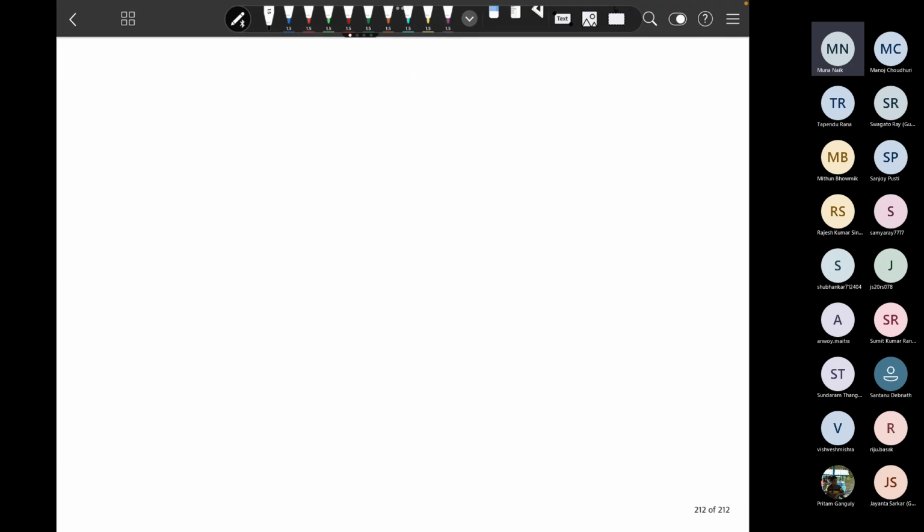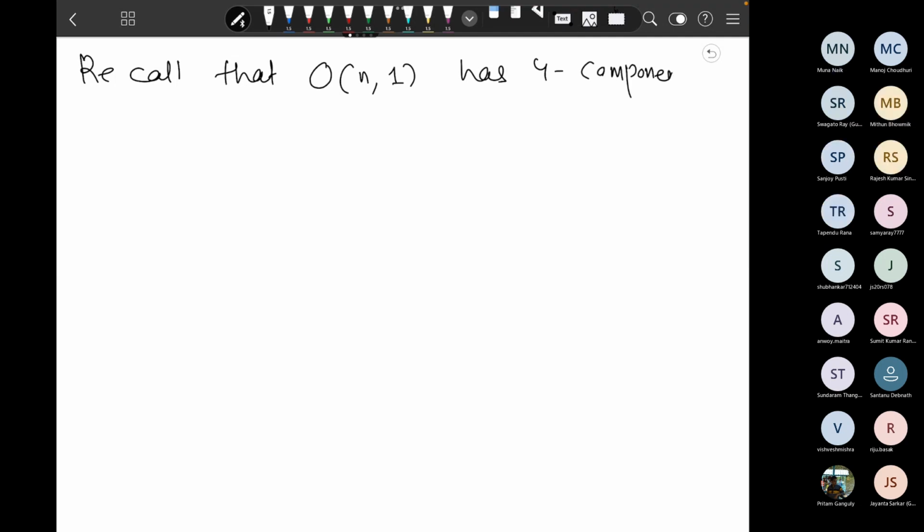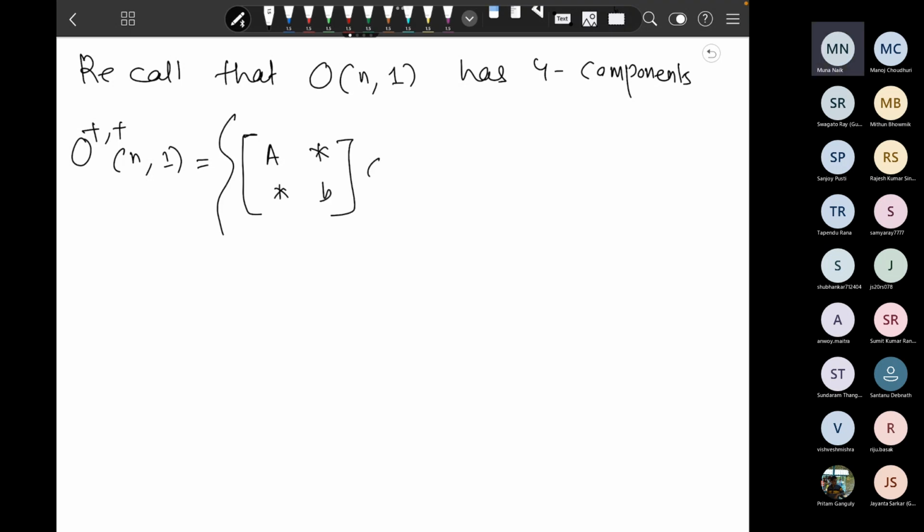Okay. I also recall one thing. Recall that O(n,1) has 4 components. So first is O plus plus (n,1). If A star B belongs to O(n,1), then the determinant of A is greater than or equal to 1, and B is greater than or equal to 1.